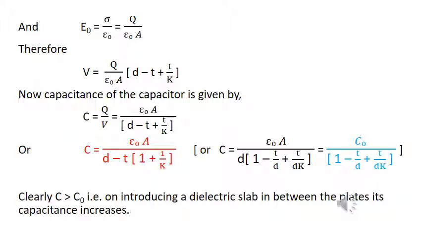We can further solve this expression. So we get C is equal to C naught upon (1 minus t by d plus t by d into K). From this expression again we get C is greater than C naught. Therefore, by introducing a dielectric slab in between the plates, its capacitance increases.